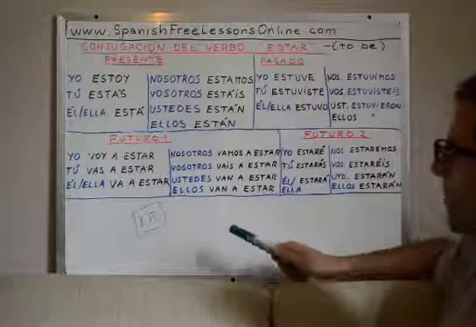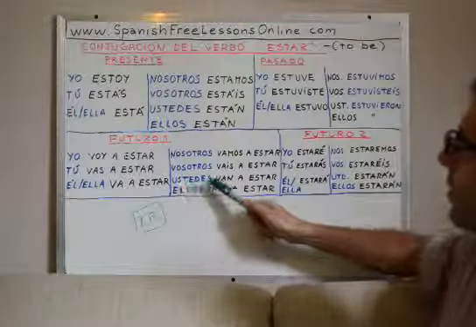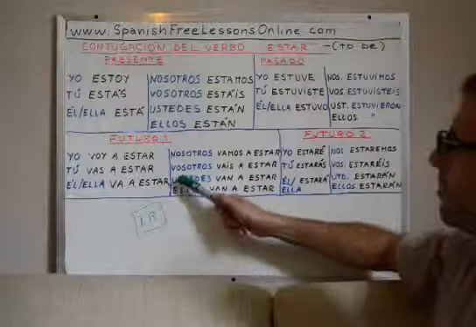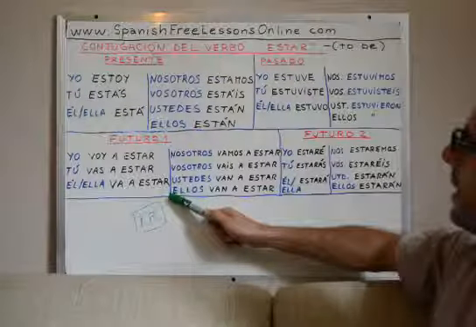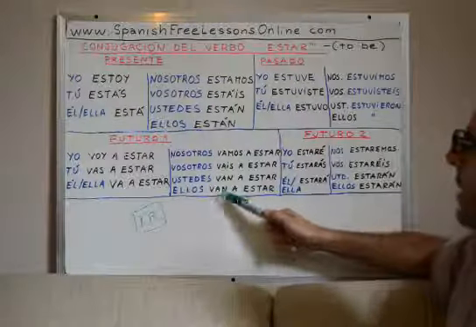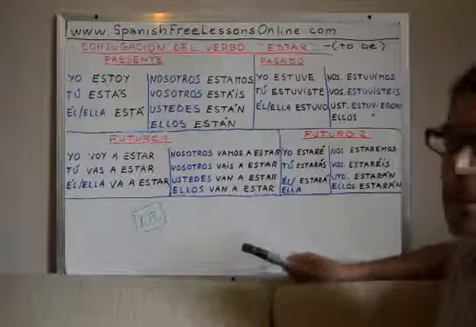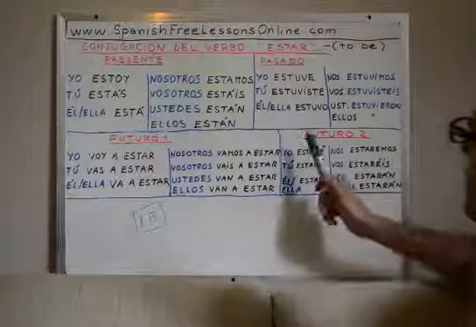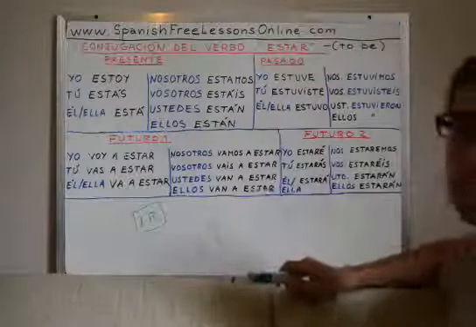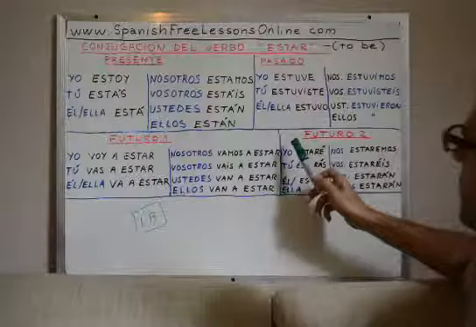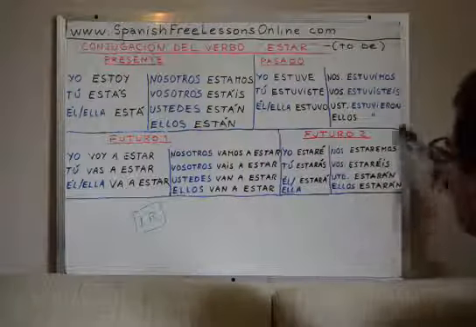You will be. Ustedes van a estar. You will be. Latin America. And ellos van a estar. They will be. Now this is the other future tense in Spanish, right? Both are future. This is the typical future tense in Spanish.